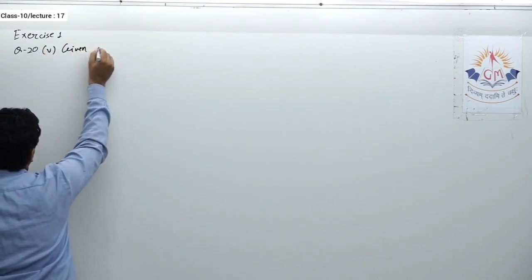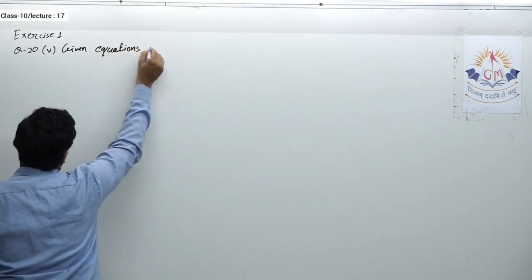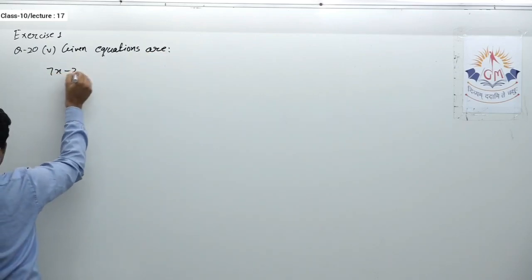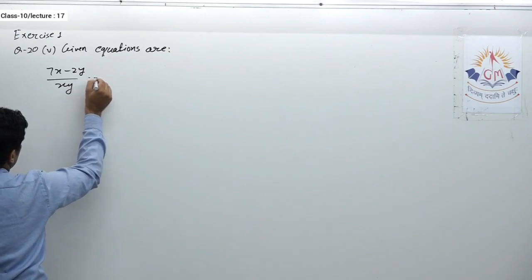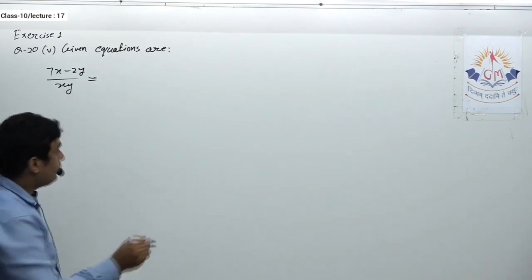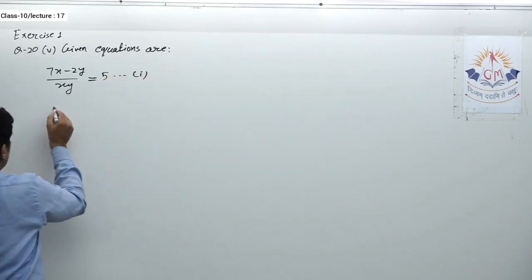Given equations are: 7x minus 2y upon xy is equal to 5. Let it be equation number 1.